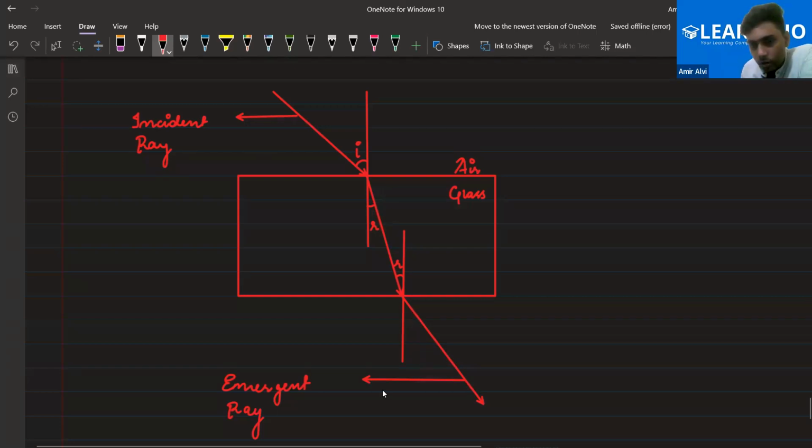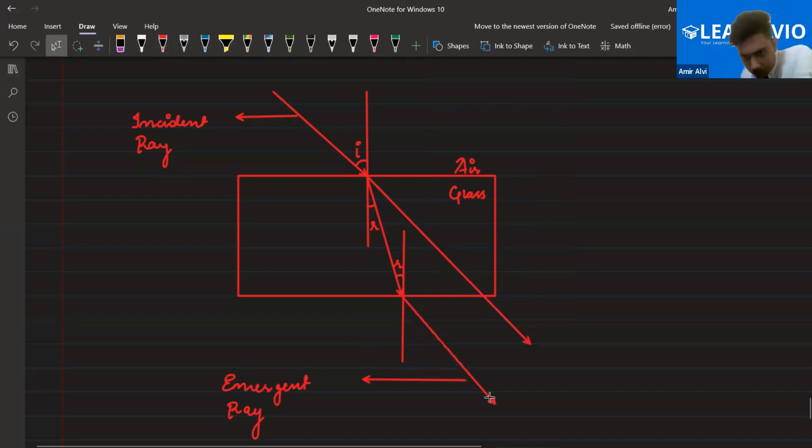So as you can see, this is the emergent ray. If I extend this line, everyone, like this, this is the actual incident ray.